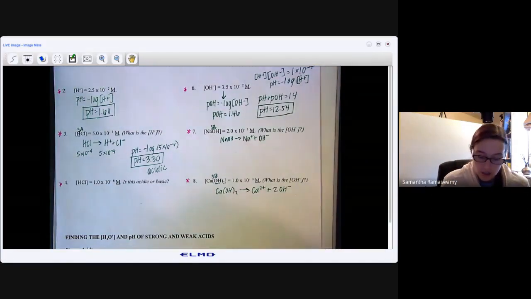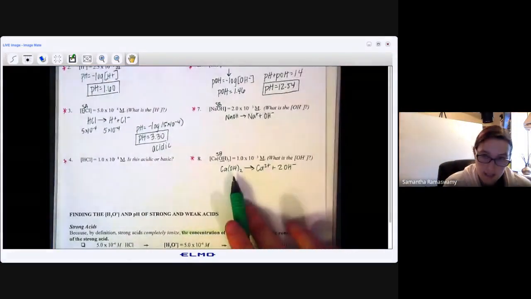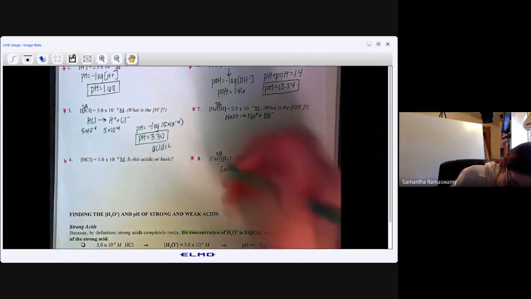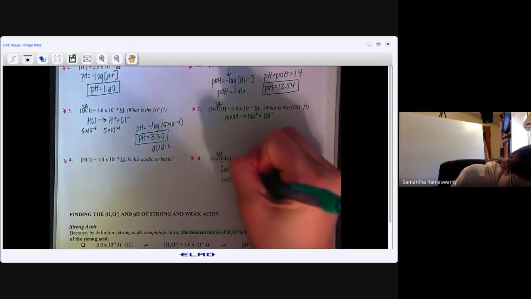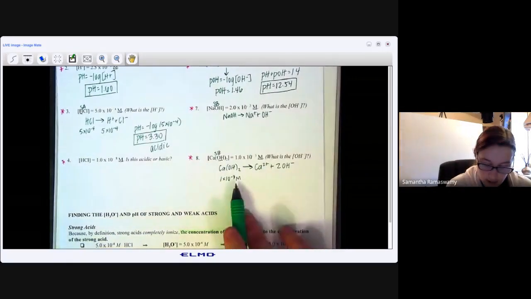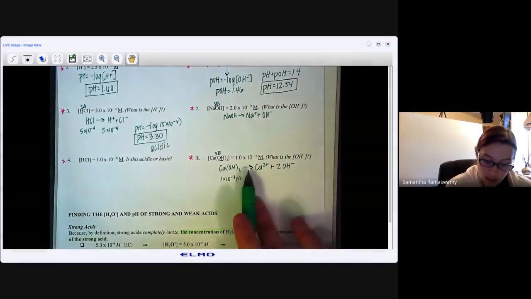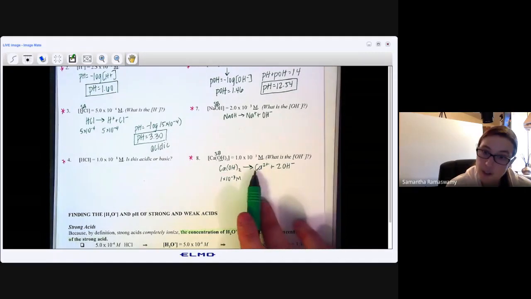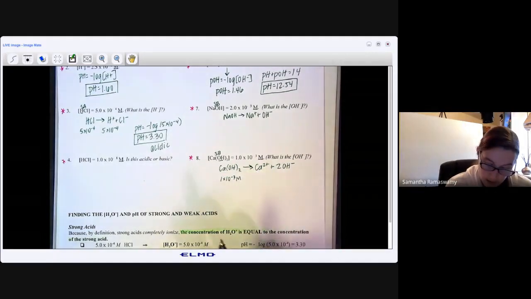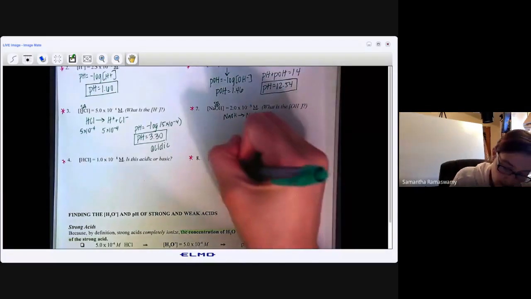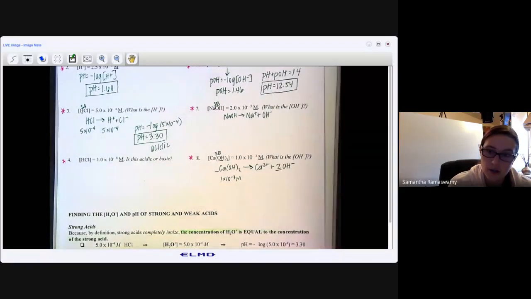So for calcium hydroxide, I have 1 times 10 to the negative third molar calcium hydroxide. And because it is a strong base, it dissociates completely, you can just use your ratios. You can just stoich this. For every 1 calcium hydroxide, there's twice as much OH minus.